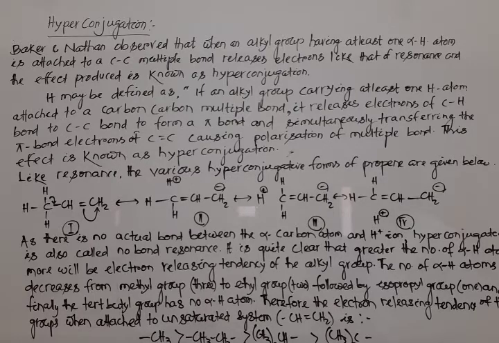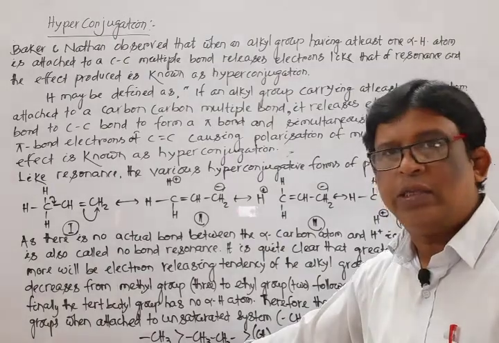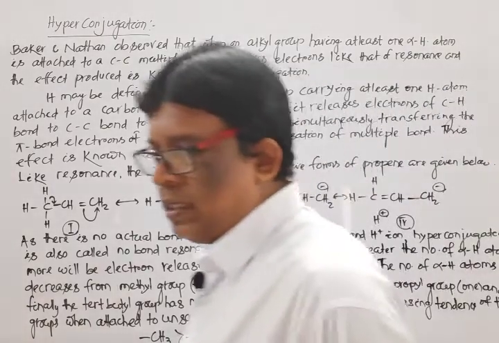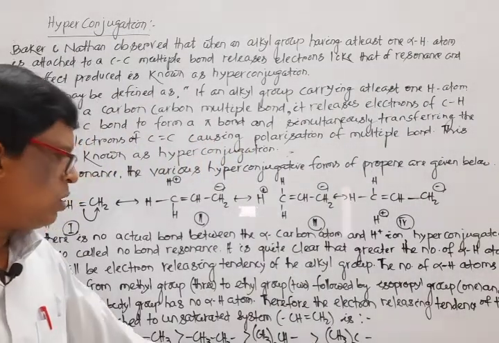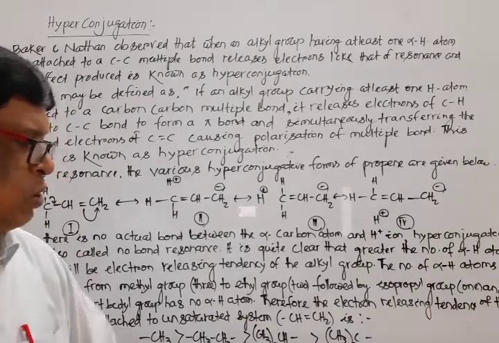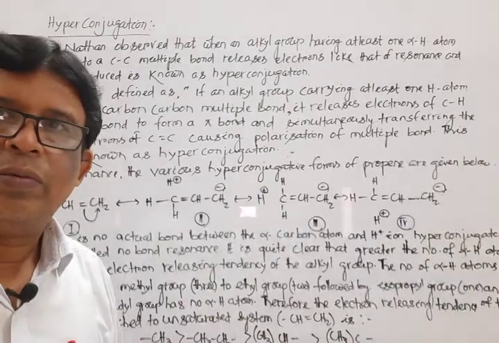Therefore, the electron releasing tendency of the group when attached to an unsaturated system, that is CH=CH2, decreases in the order: methyl, ethyl, isopropyl, and the last one is tertiary butyl group.